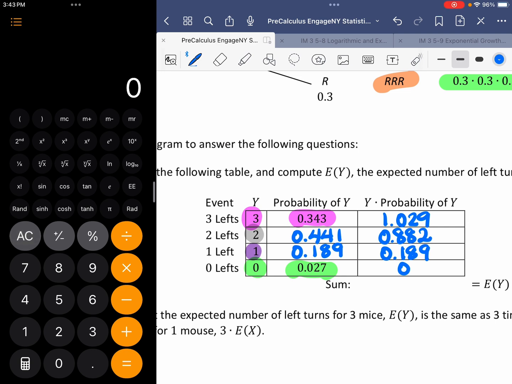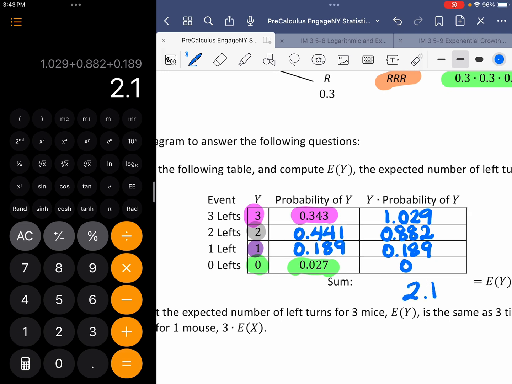So now it's time to sum these numbers together. 1.029 plus 0.882 plus 0.189. Oh my goodness. Why does that number look so familiar? Pause for a second and talk to your partner. What do you think?